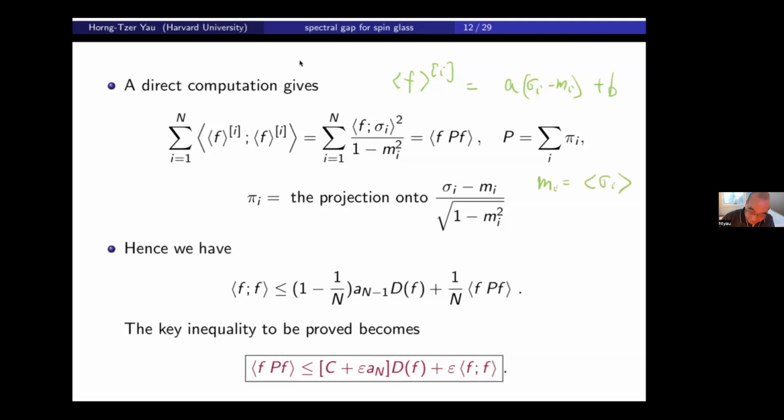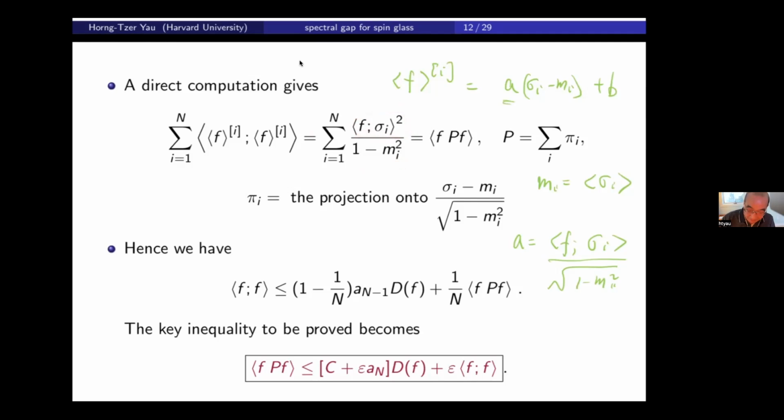If you write it this way, then you find that this a would be just f sigma_i, divided by the square root of 1 minus m_i squared. And a simple calculation shows that this whole variance term will just become f sigma_i squared divided by 1 minus m_i squared.